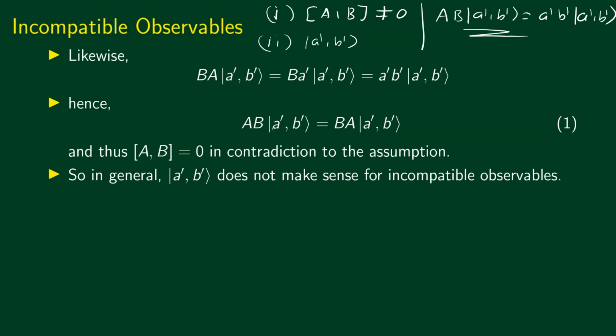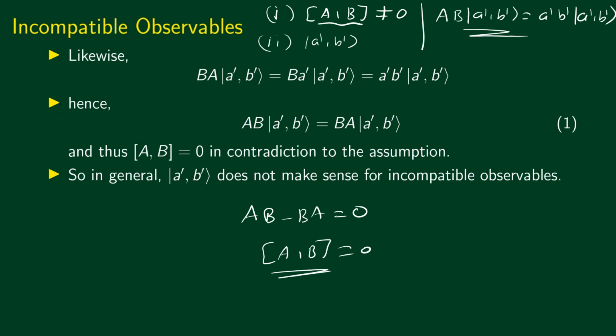Okay, so from here we see that if these non-commuting observables have a complete set of simultaneous eigenkets, then we can write AB is equal to BA, or AB minus BA is equal to 0. In other words, the commutator of A comma B is equal to 0. But this contradicts our first assumption that we are dealing with non-commuting observables.